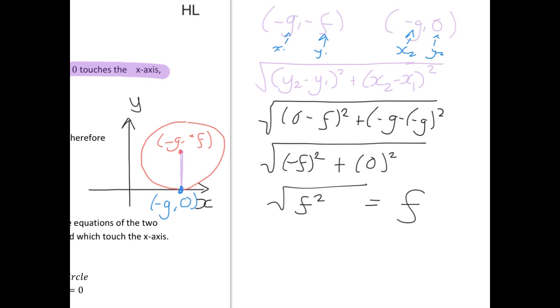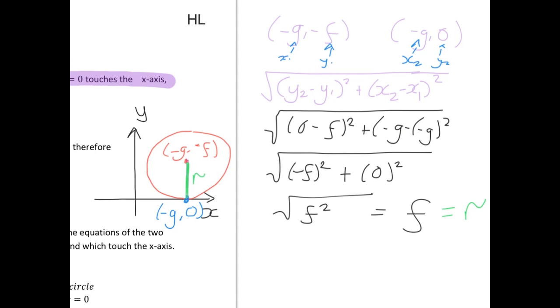But what do we know about the distance between the center of a circle and a point on the circumference? Well, that's equal to our radius. So this f has to be equal to our radius r.